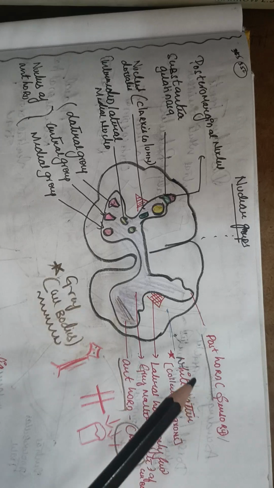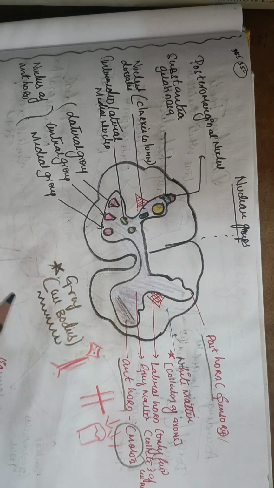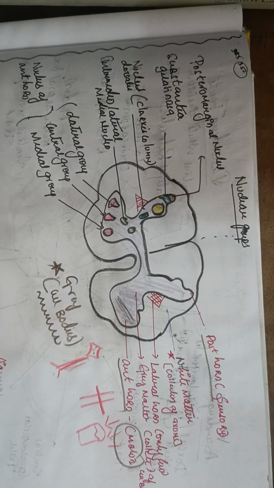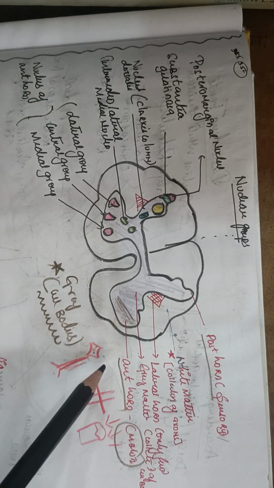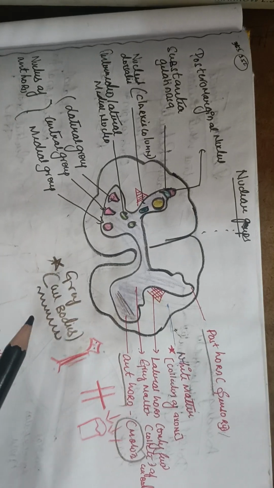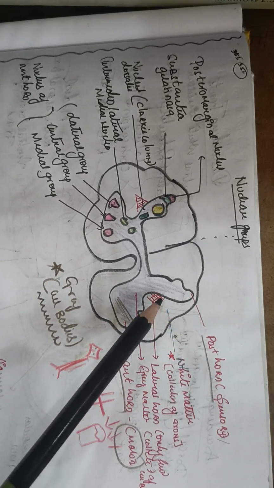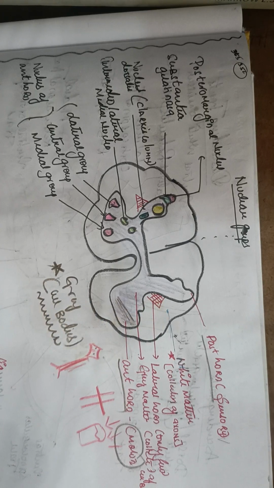The one which is present in the lateral aspect is the lateral horn. This is the posterior aspect, this is the anterior aspect. Both look like horn-like structures.